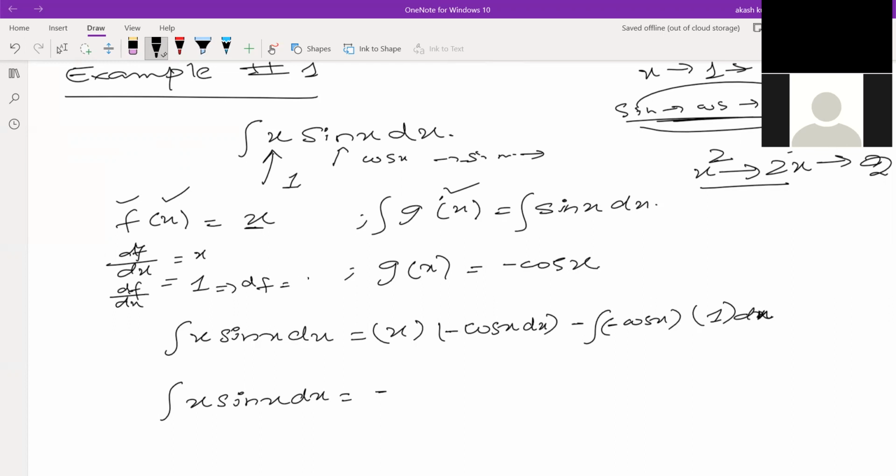So df is equal to dx. So instead of writing 1, I can write dx, which I have written here.